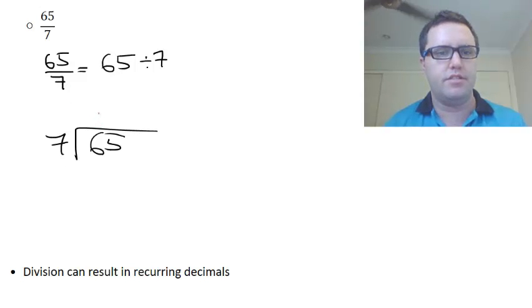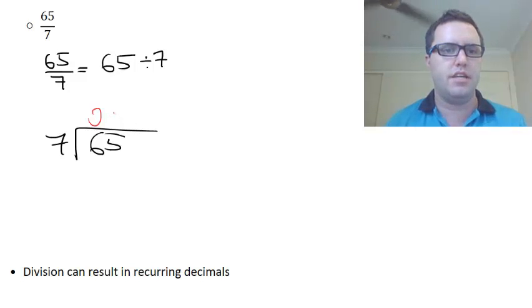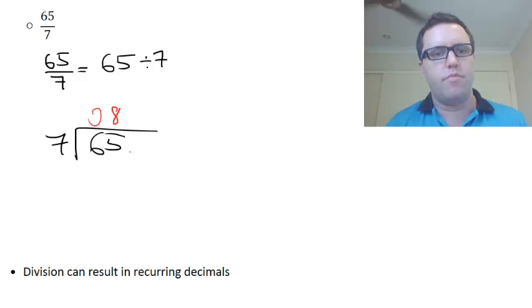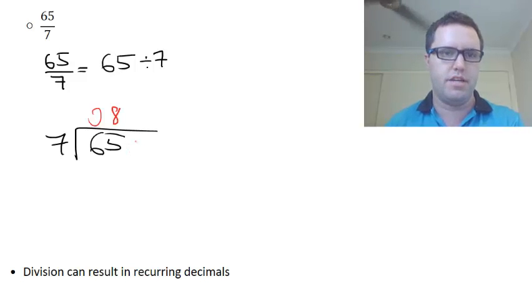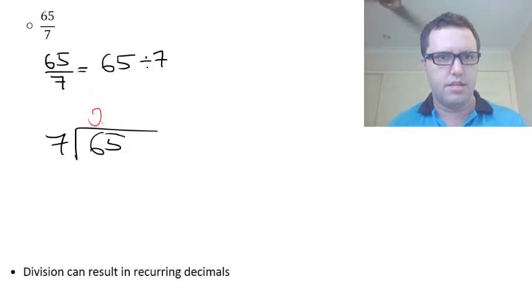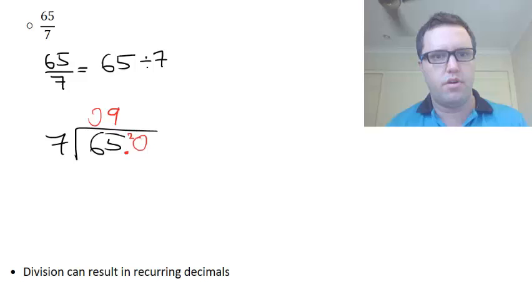7 into 6 is 0. 7 into 65 is 9, 7 nines is 63, remainder 2. So I'm going to get 2, 0.